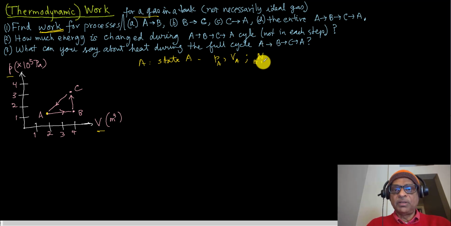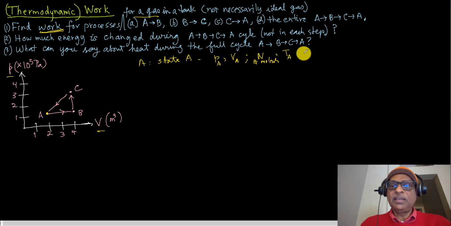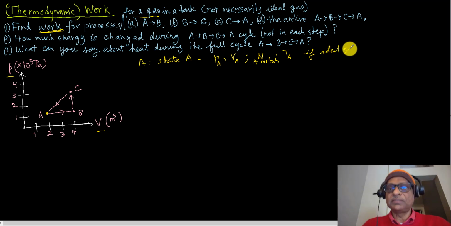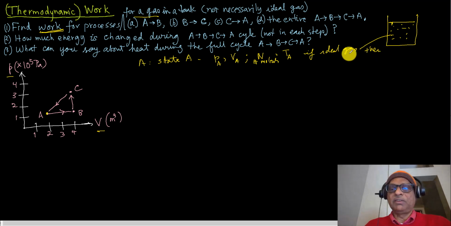It's a number of molecules, and then you can have temperature when the gas is there. So if the gas is an ideal gas, say this is some kind of container with the ideal gas, then you have what is called the equation of state of an ideal gas.